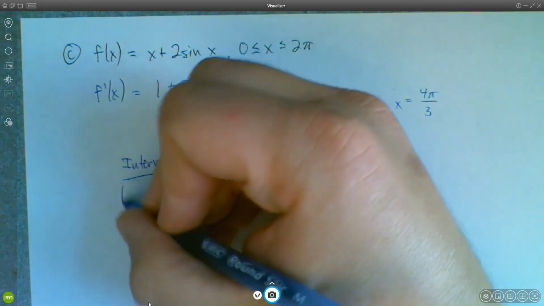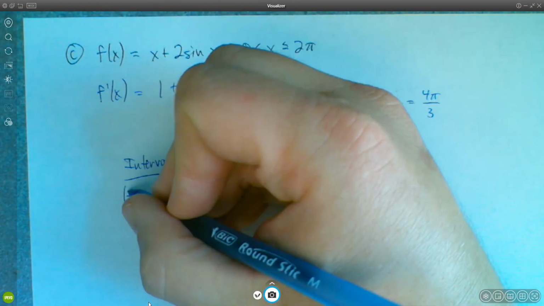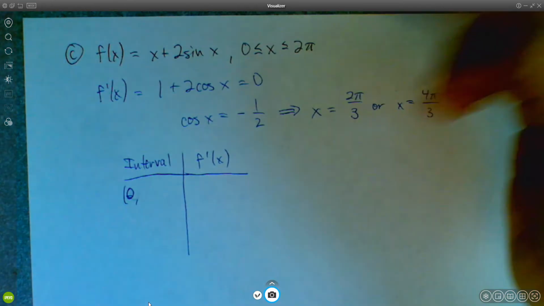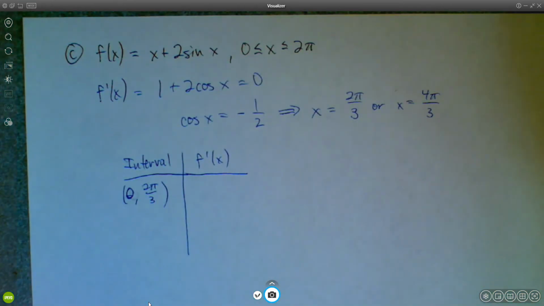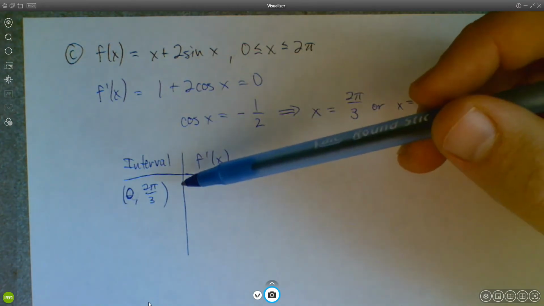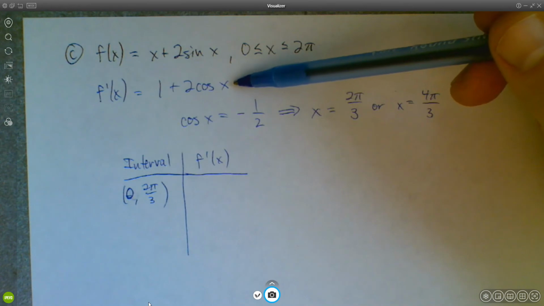Because we're only interested between 0 and 2 pi, I'm going to go from 0 to 2 pi over 3. If I choose a value in there between 0 and 2 pi over 3, pi over 3, I suppose, would be a good one.